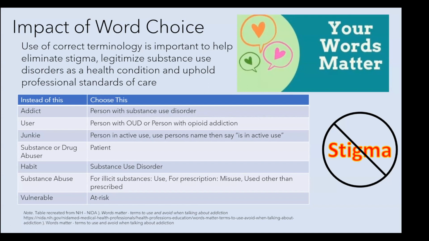And I have a table here from NIDA. There's a more expanded version of this table on their website, but it has some terms of, instead of using this, use this. So I have that there, and hopefully we can help to eliminate stigma associated with opioid use disorders through the impact of word choice.